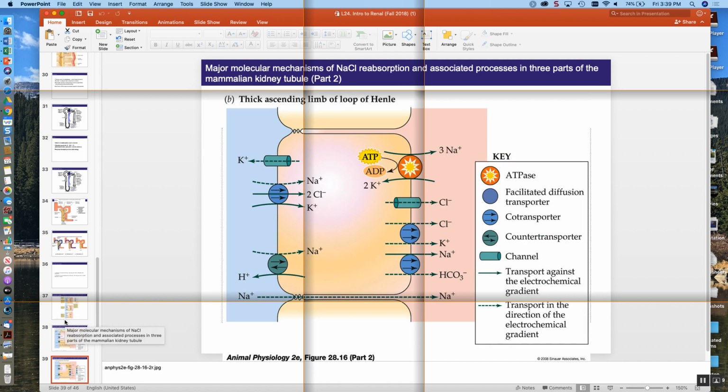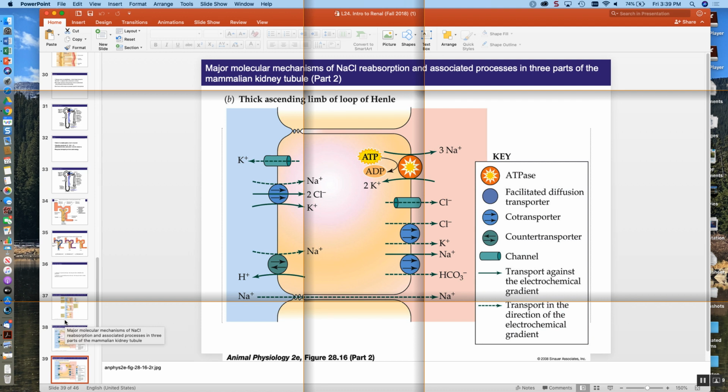All right, next one. You should be able to recognize right away that this is the thick ascending limb. And the reason is this sodium, potassium, 2-chloride cotransporter. If this is the inside of the nephron, you're pulling all of that salt into the cell and it's being delivered into the interstitial fluid.